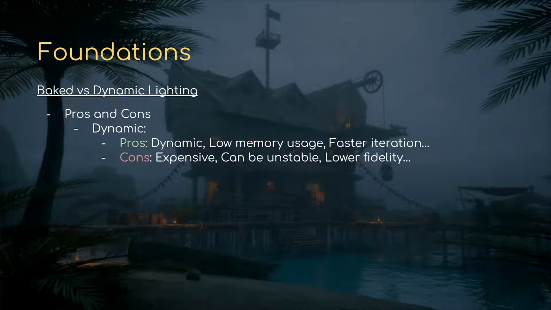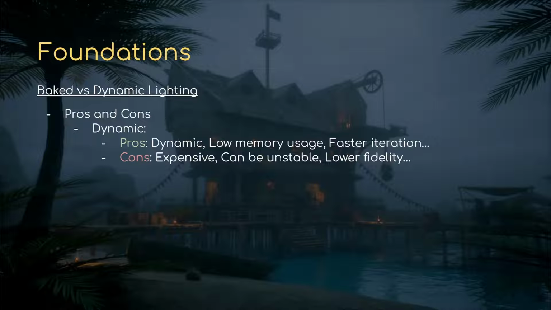The cons are, it's much more expensive because you calculate all the lighting in real time at runtime. So during the game, you have to budget some milliseconds for those calculations. And because it's dynamic, it can also be unstable, because sometimes you have to reduce the quality or the amount of rays you use to calculate it.